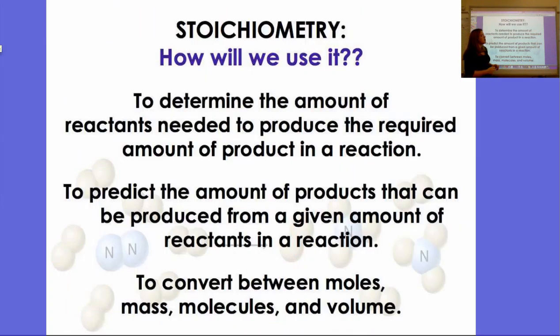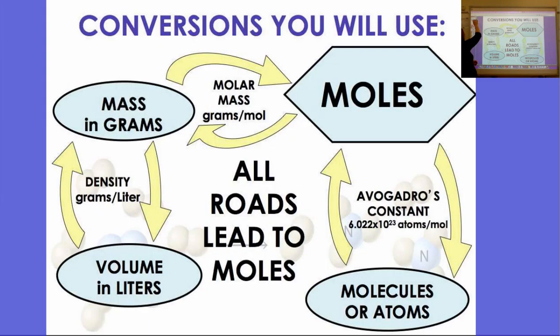So, how are we going to use it? We're going to go back to our moles and grams and molecules conversions so that we can calculate how much product we can produce with the amount that's given in each reaction of the reactants. How do we do that again?